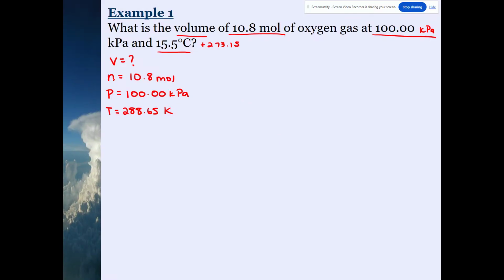Okay? So notice again, in order to determine which formula you're going to use, this question has amount. It has moles, okay? Which means the only formula that has that is PV equals nRT. I'm solving for V, so I divide both sides by P. My P cancels. So I'm left with my volume equals my moles, which was 10.8.